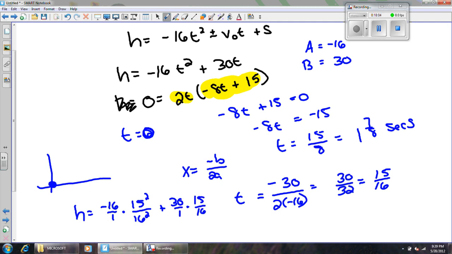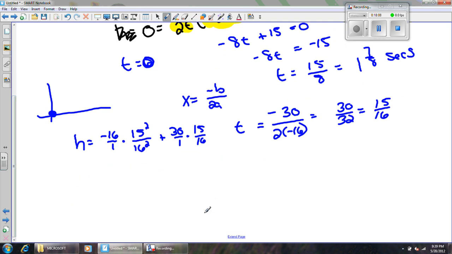If you wanted to just go right to your calculator, you would go negative 16 times 15/16 squared plus 30 times 15/16. You could have plugged that in.